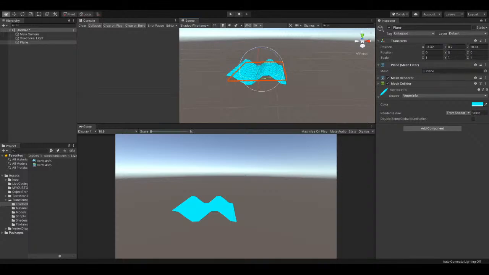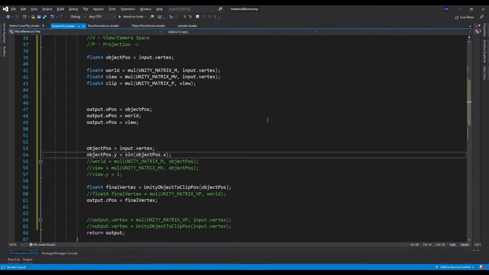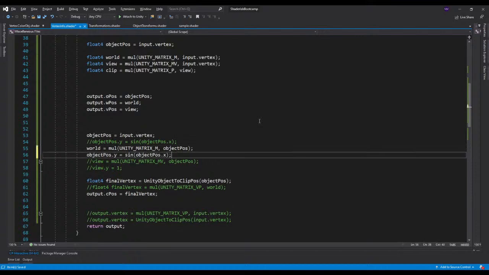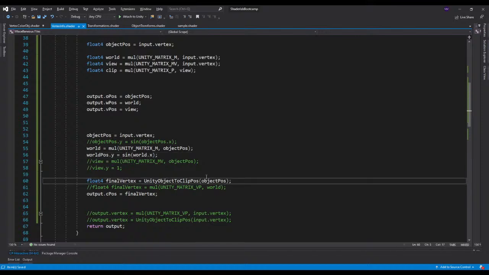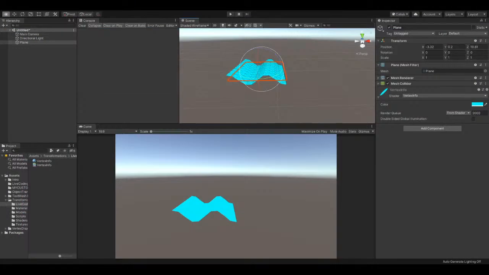Alright, so I'm going to change this to world space. In the world space, based on the world space position of this object, I'm going to get this information.